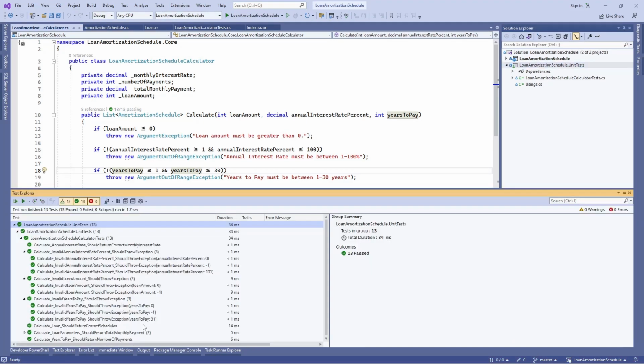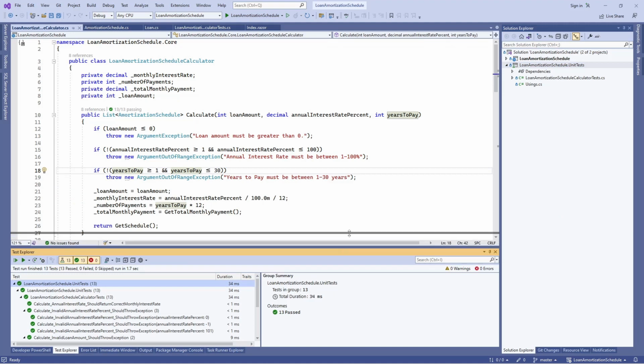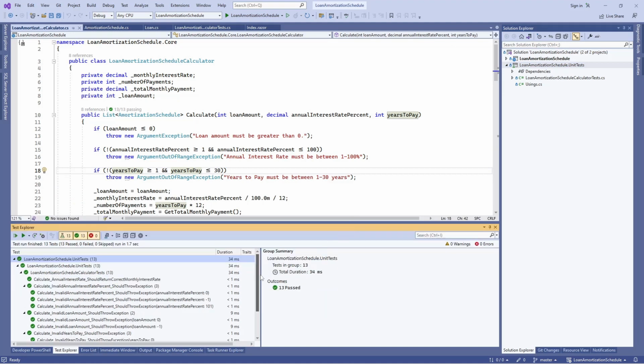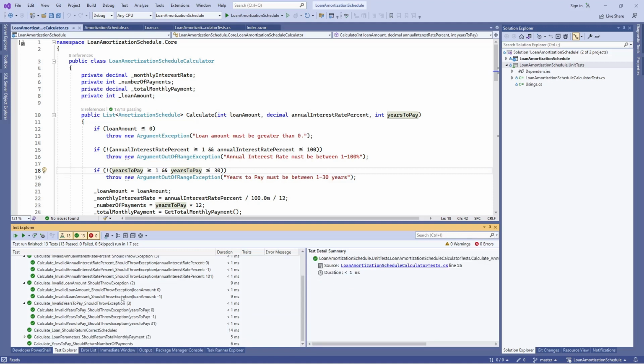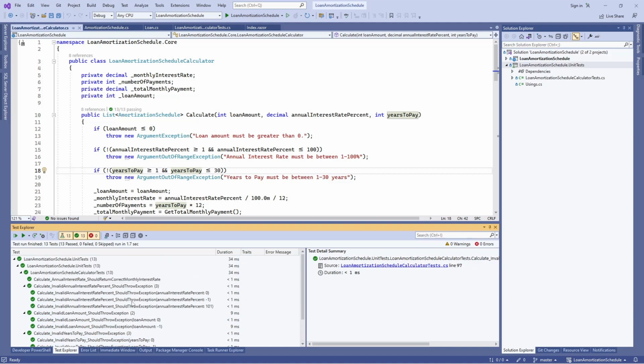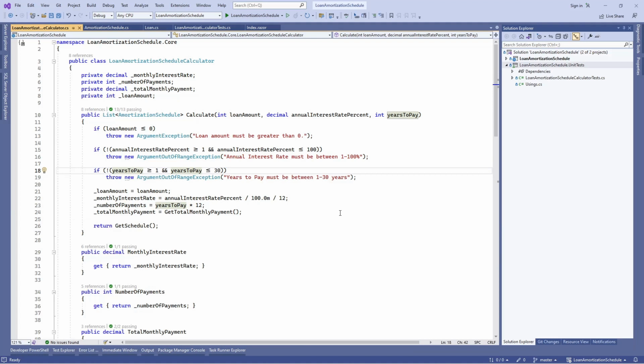For TDD, you will usually be working with the Test Explorer. With the Test Explorer, it allows you to see each of the individual tests that you are trying to do. Then you can also execute the tests individually. So that is one part.